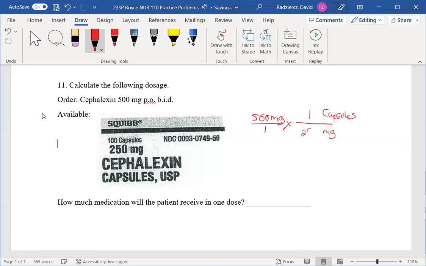I always say this is good practice because when these problems start to get harder, like in second, third, and fourth semester, it's helpful to have a strategy that works for all types of problems, not just focusing on ordered over half, which doesn't always work later on. And if I'm doing ordered over half, I would just do 500 over 250, and that would be giving me, like you said, the 2 capsules.